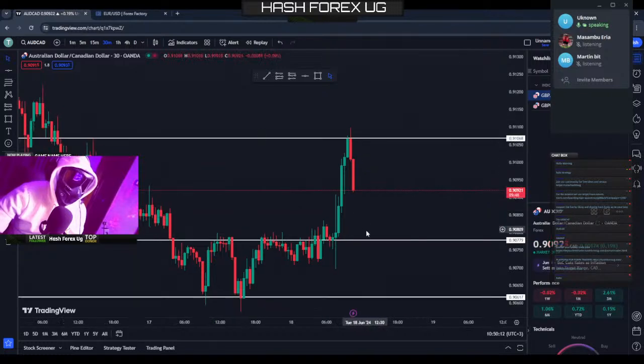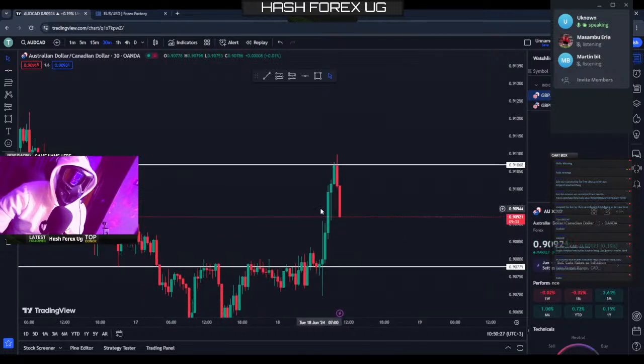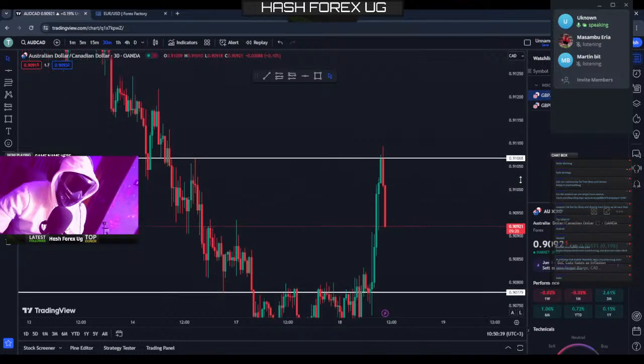If it stays in this zone, you might see some bit of consolidation, some buying and selling at the same time. So you need to leave that room for it. If it is to continue, let it maybe create some bit of support around here, and then it breaks these highs to create new highs, to show you that you're ready to push the market on those zones.